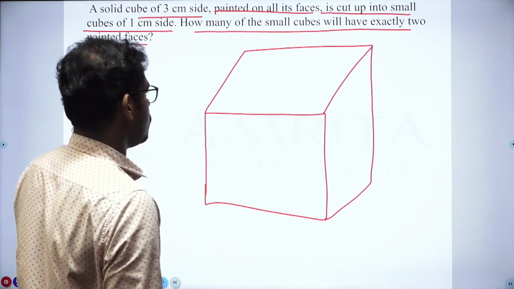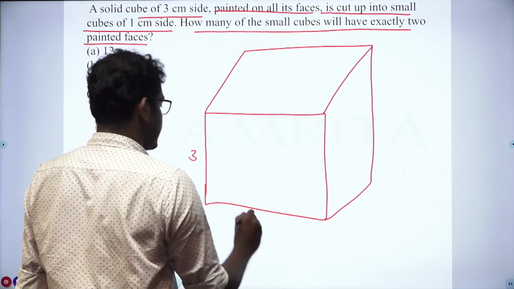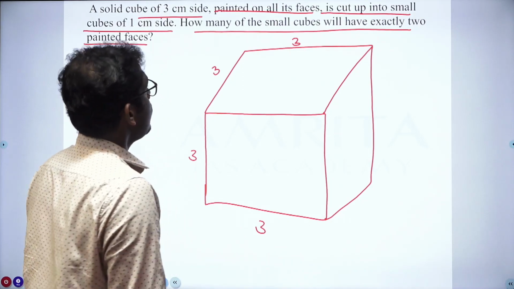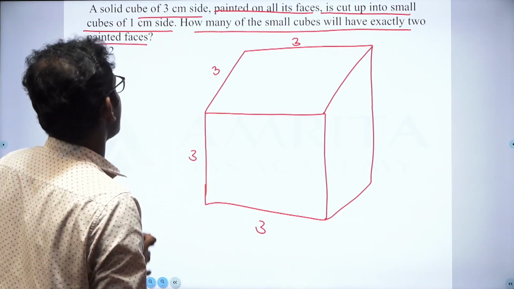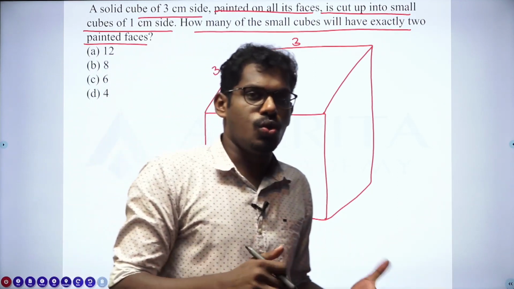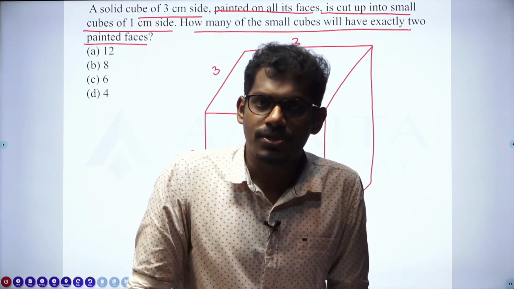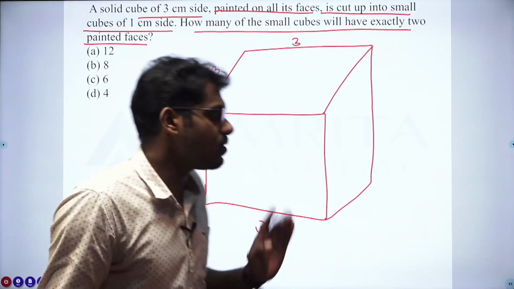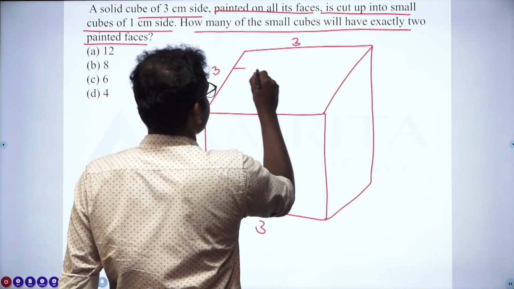Okay, so this is a cube. One side is 3 cm. It is cut up into small cubes of 1 cm side. So this large cube is cut into small cubes of each side having a dimension of 1 cm. Clear? Okay. So let me cut.